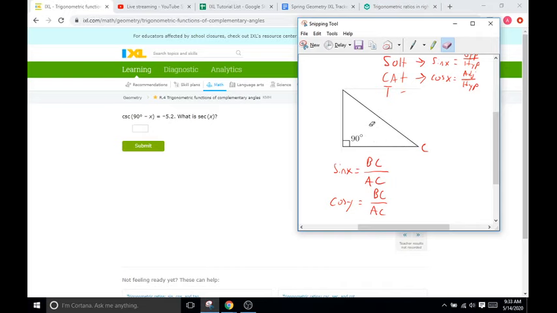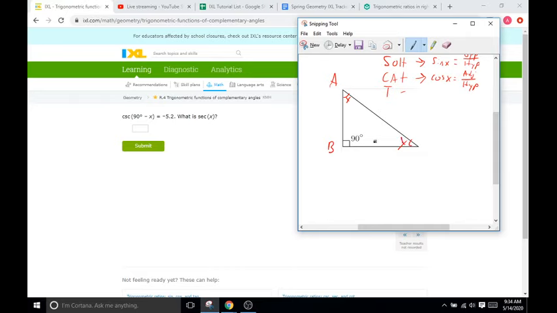And then instead of giving us just a value, like 0.8 or something like that, they're giving us an angle of 90 minus x. So not just x or y or something like that. And so I want you to think about this again. We have angle x right here. We have angle y right here.